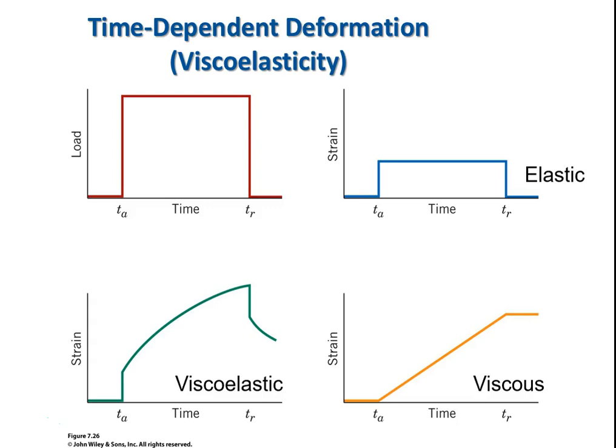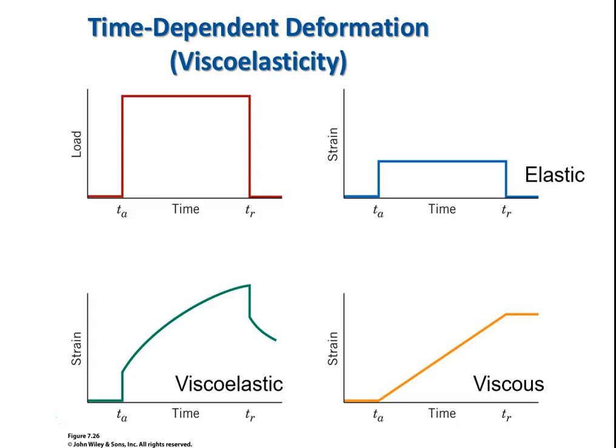So viscoelasticity is otherwise known as time-dependent deformation, and it literally combines the load versus constant strain rate of viscous behavior or fluid movement, and that being related by viscosity, and elastic behavior, which we just discussed the lecture before last with an elastic modulus relating stress and strain.